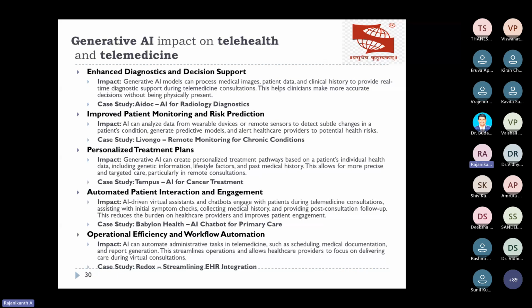So far we are just talking about use of artificial intelligence. But now, as we know, over the past 5 years, once ChatGPT has come in, people were more talking about generative AI. So now we also need to look at how this generative AI is going to impact telehealth and telemedicine in future.